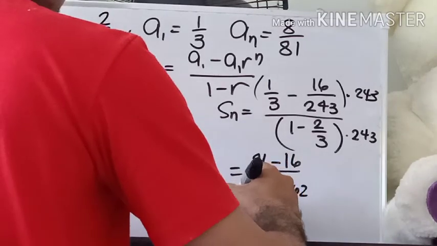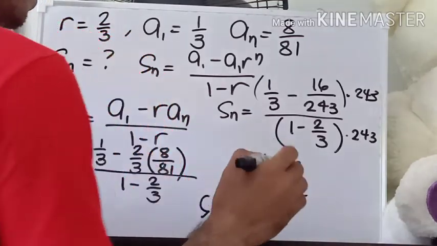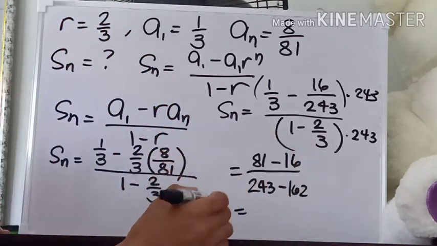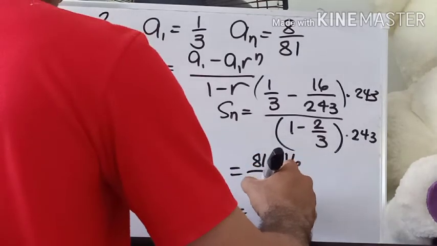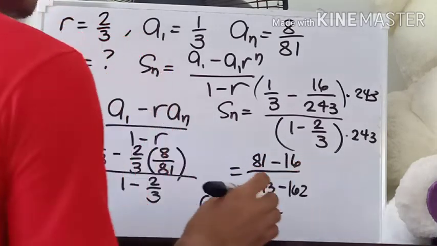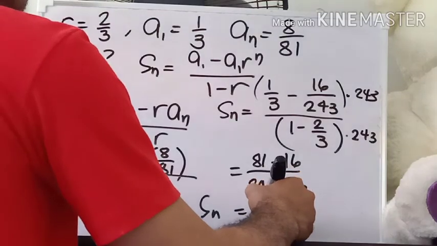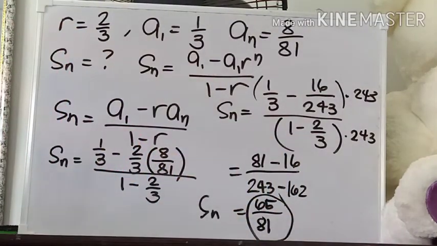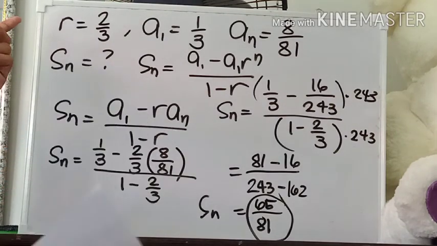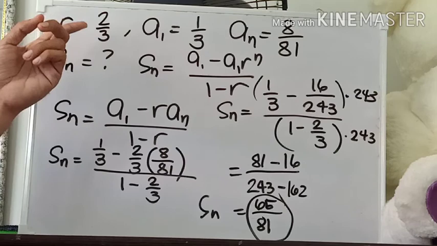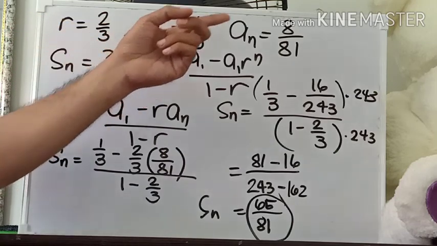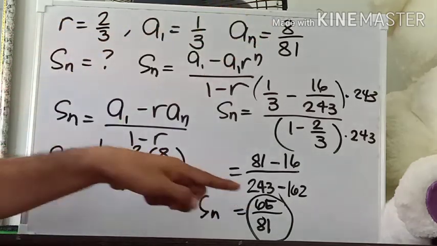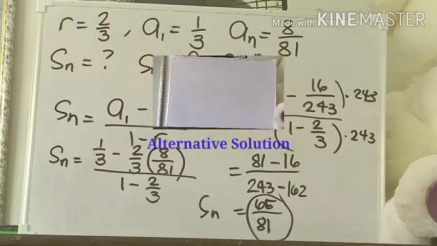So you will have ultimately S sub n equals 81 minus 16, which is 65, over 243 minus 162, which is 81. So the sum of all those terms of the geometric series whose common ratio is 2/3, whose first term is 1/3 and whose last term is 8 over 81 is 65 over 81.